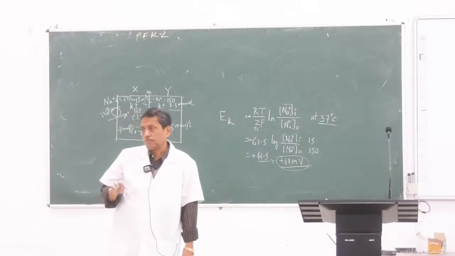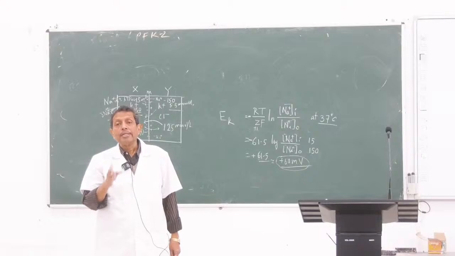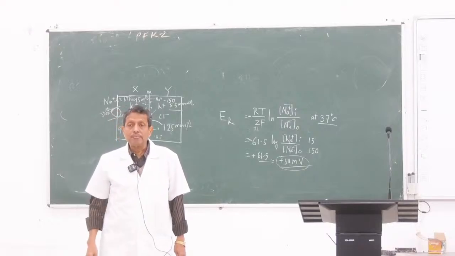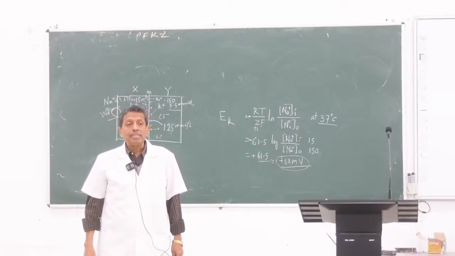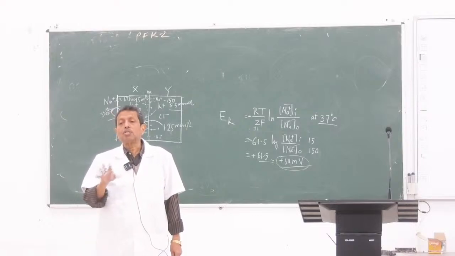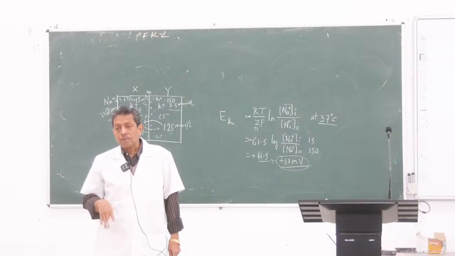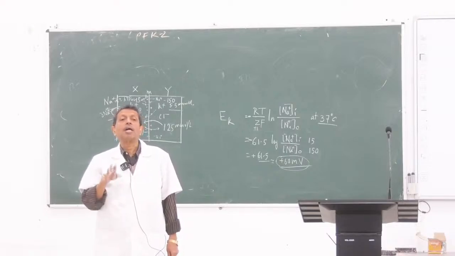The hydrated form of sodium is larger than that of the potassium ion, and the voltage gated sodium channels in the resting condition are much less permeable. So what occurs?